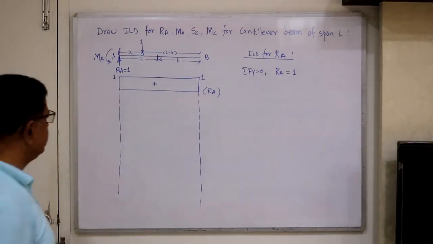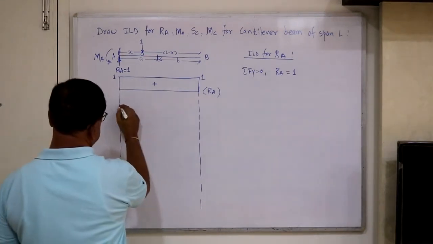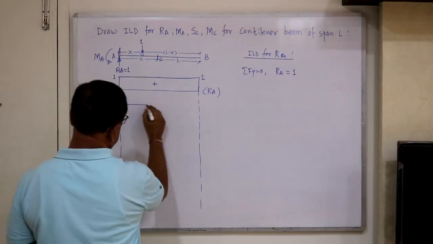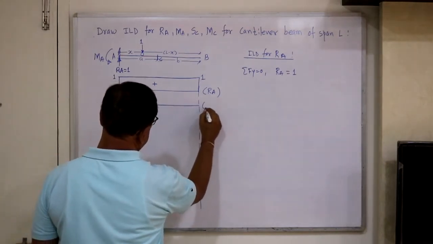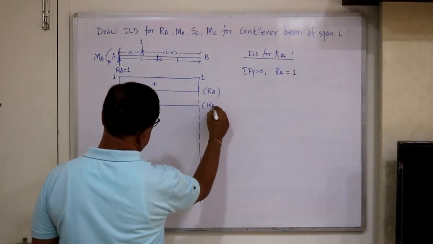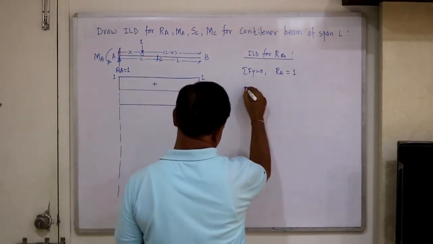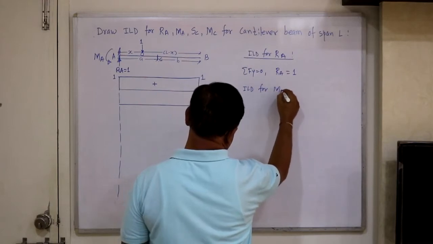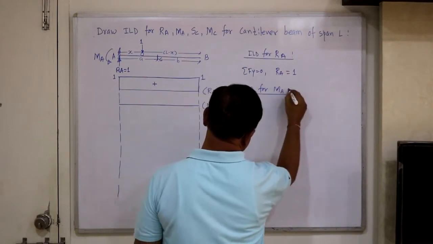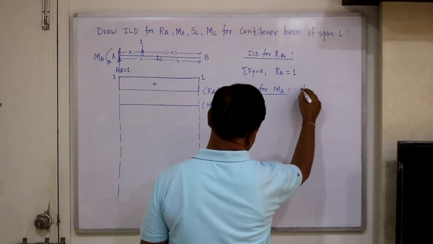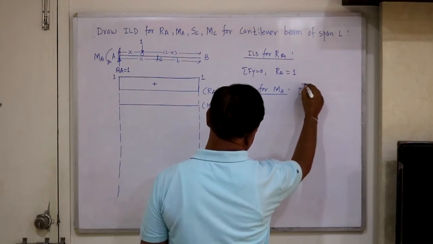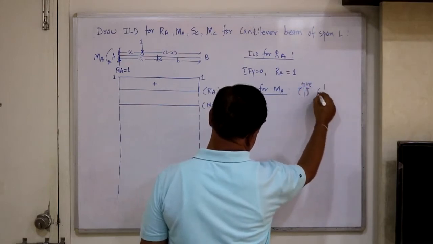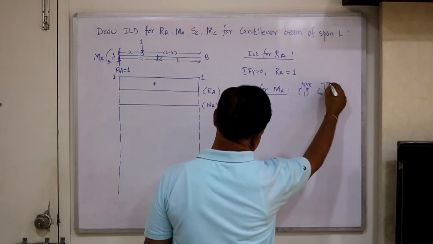Next, let's consider ILD for MA. And again, the sagging you take positive, hogging you take negative.